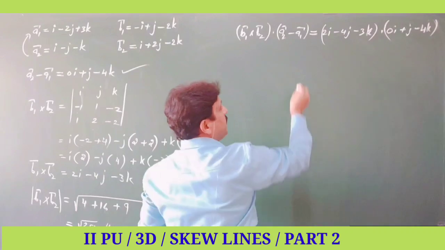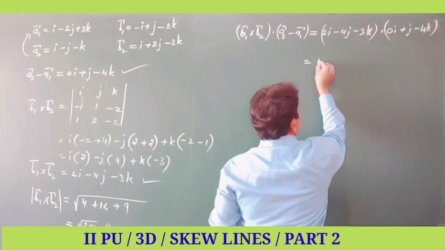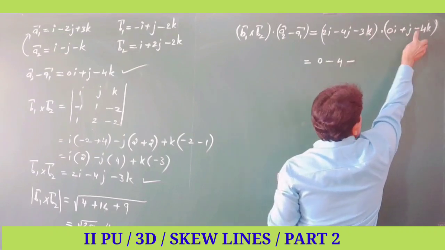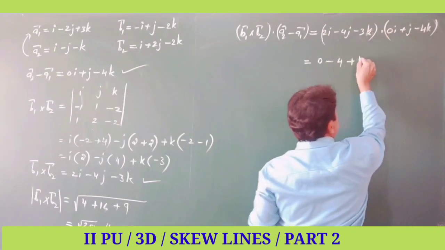Now the dot product: 2 into 0 is 0, minus 4 into plus 1 is minus 4, minus 3 into minus 4 is plus 12.